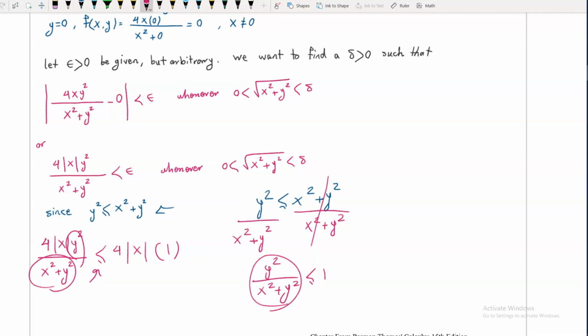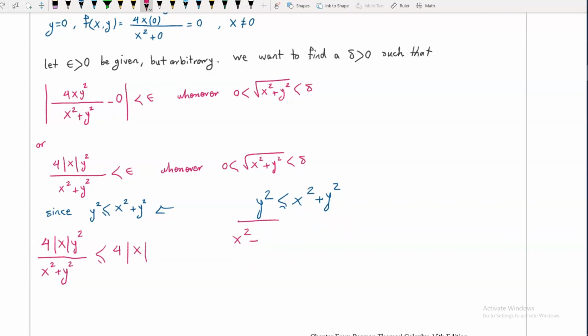I'm going to erase this part. And then the next step from here, this is equal to 4 times, instead of the absolute value of x, I can use the square root of x squared.